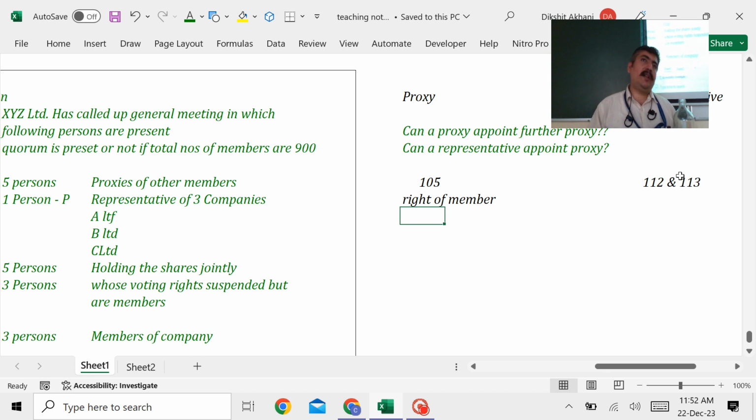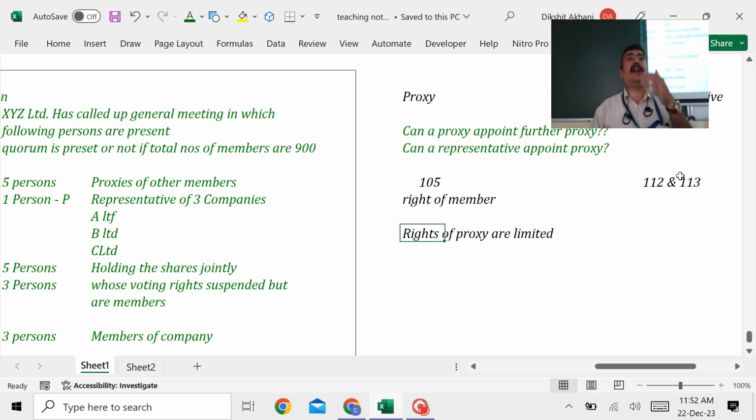In fact, when we read the provisions of section 105, we will see that rights of proxy are limited. Limited, you understand?